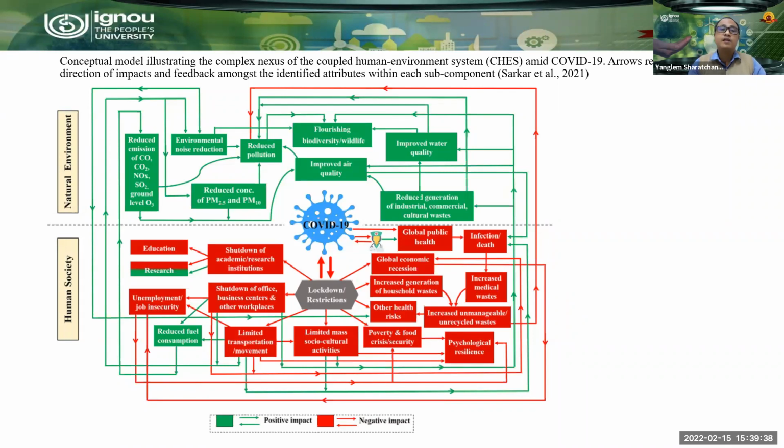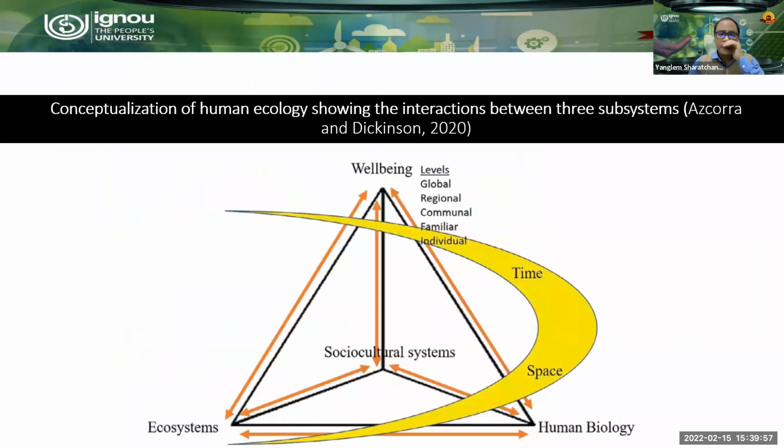As I told you, because of reduced emission and pollutants, we are able to get good quality air, good quality water, and a nice noise-free environment, right? So in this way, we can learn how human-environment interaction has to be understood. We need to learn this lesson from this unfortunate global pandemic.